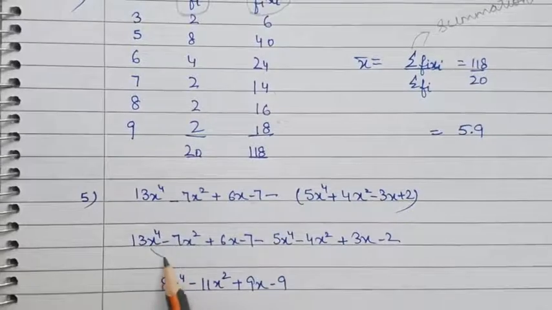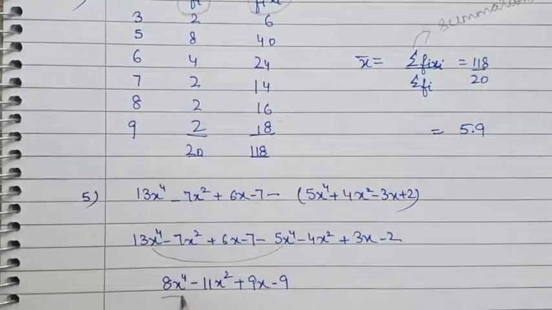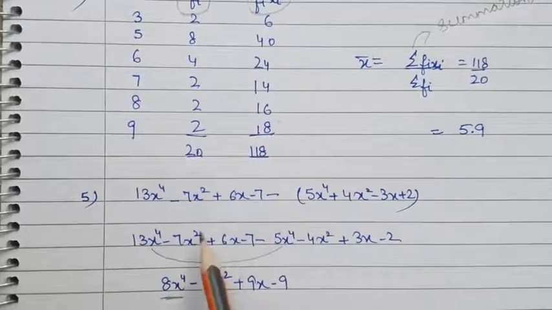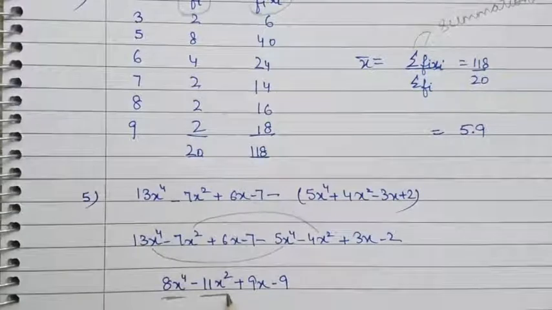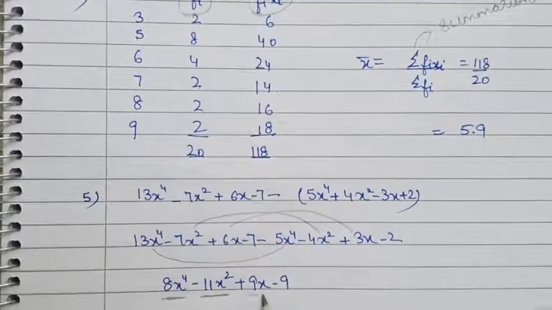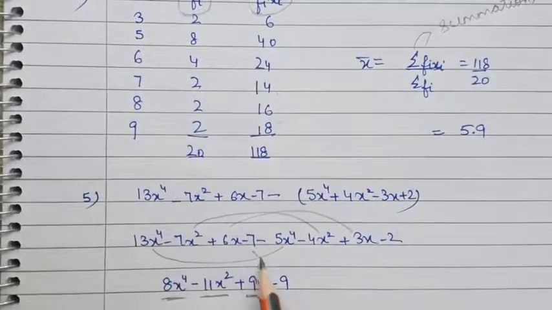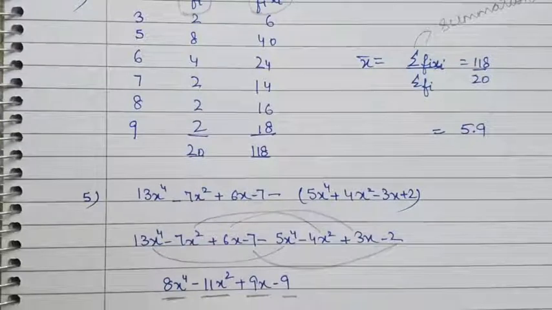Now these are the like terms. So we get 8x^4 - 11x^2 + 9x - 9.